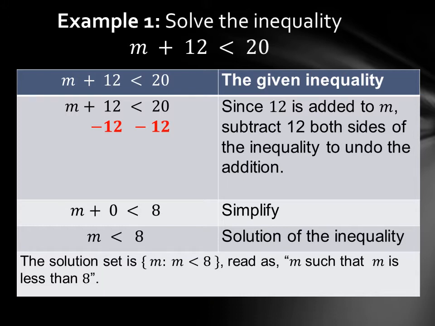Then we simplify, wherein 12 minus 12 is equal to 0 and 20 minus 12 is 8. So therefore, m is less than 8. The solution set is m such that m is less than 8, read as m such that m is less than 8.